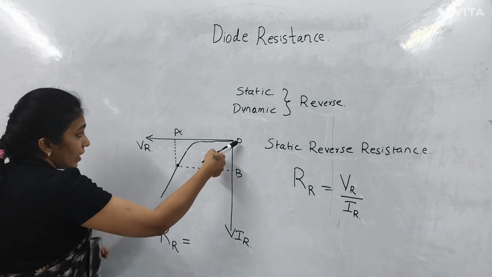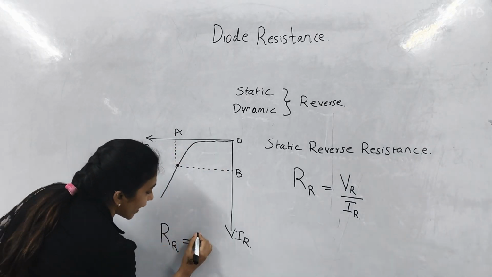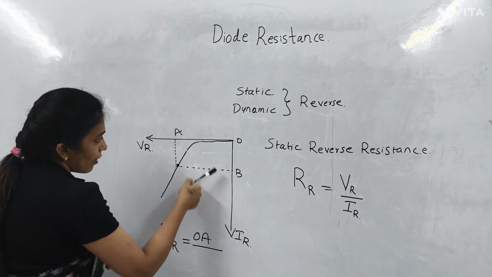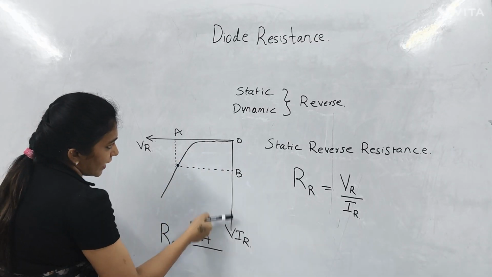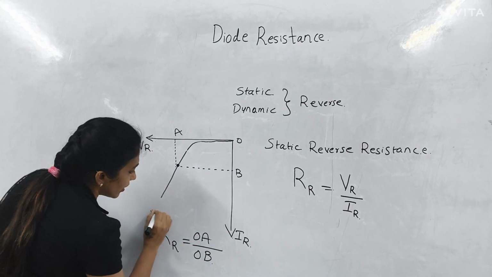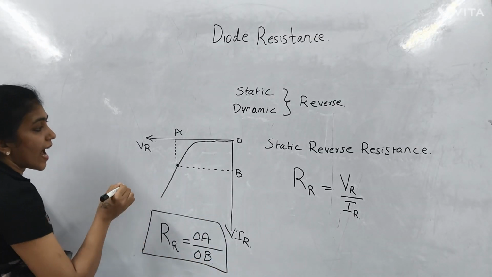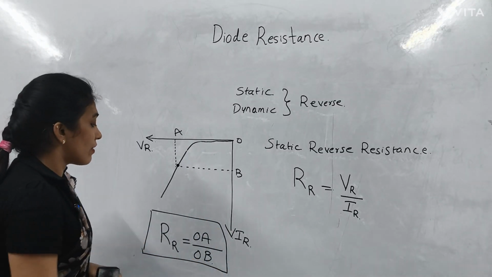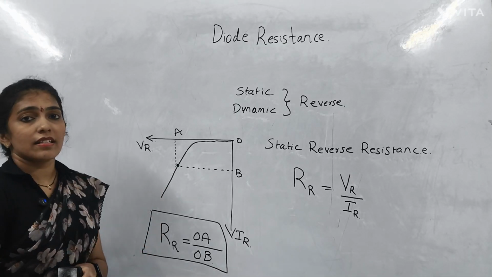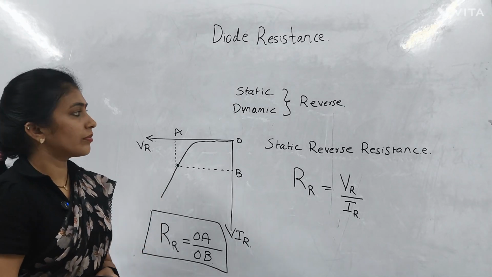The voltage is OA, divided by the current, which is OB. So this is the formula for static reverse resistance from the reverse characteristics of a diode.